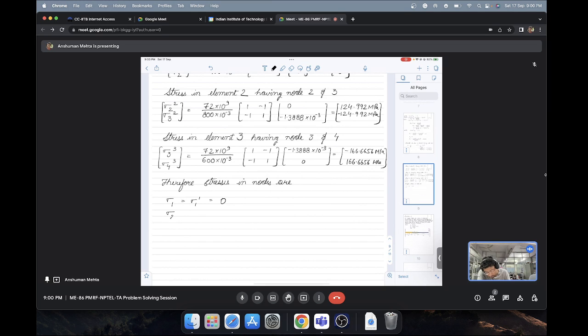Now what about sigma 2? Sigma 2 has two stresses. So one coming from 1 and another coming from 2. So this is first. Sigma 3.